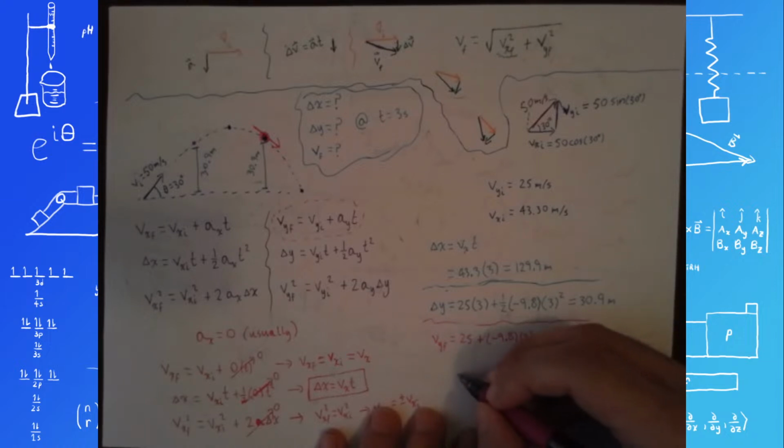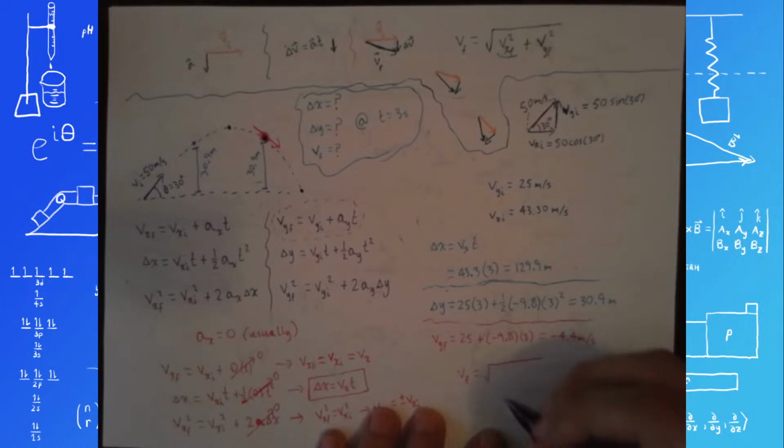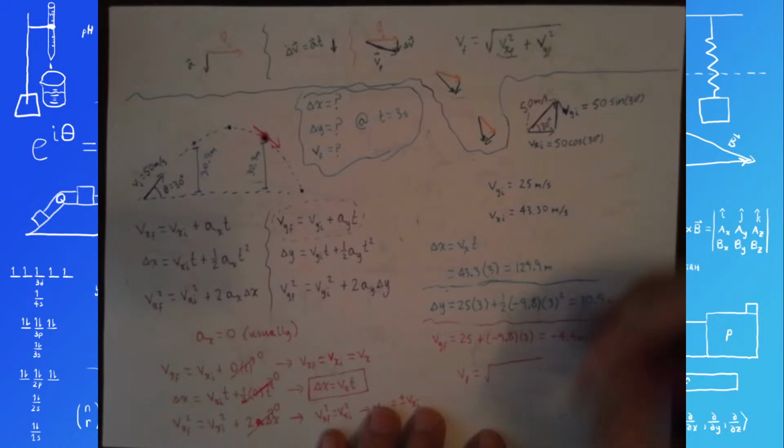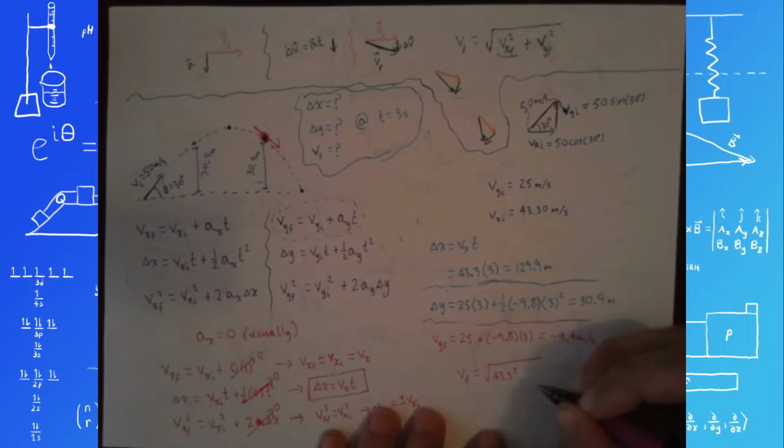So yeah, V final, its magnitude anyway, is going to be the square root of Vx initial was 43.3, or just Vx in general, 43.3 squared plus Vy, negative 4.4, squared.